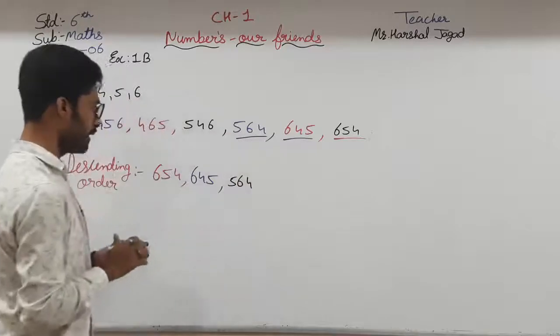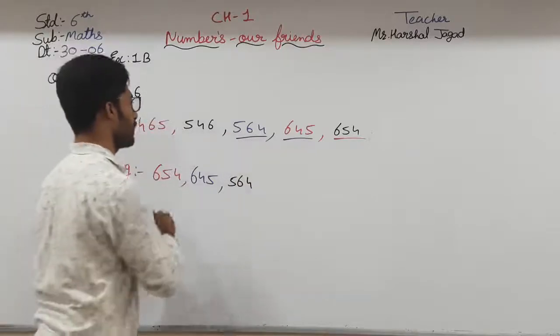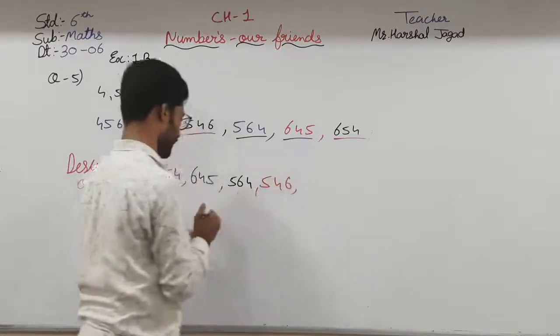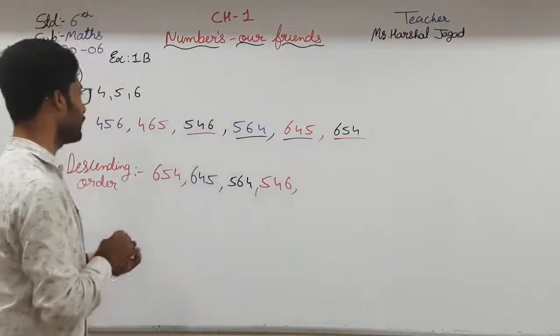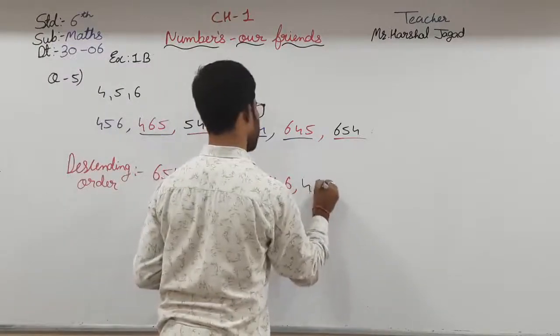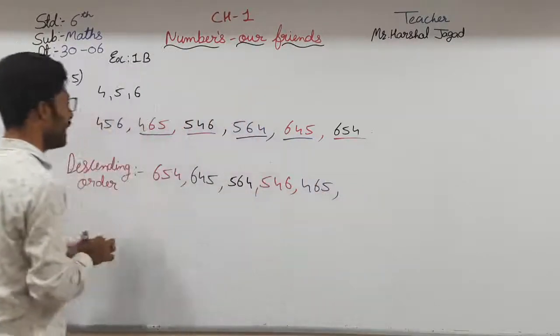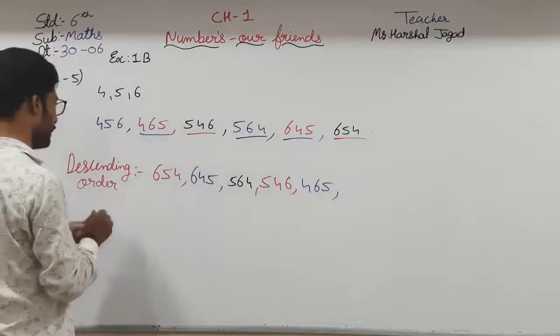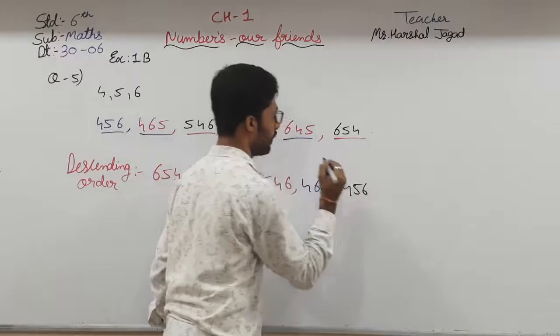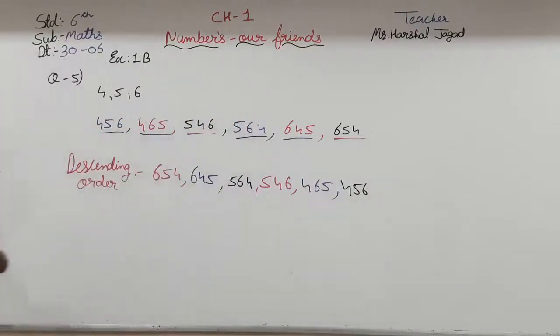And smaller than that is 5, 4, 6. Then after that it is 4, 6, 5. And the last one will be 4, 5, 6.